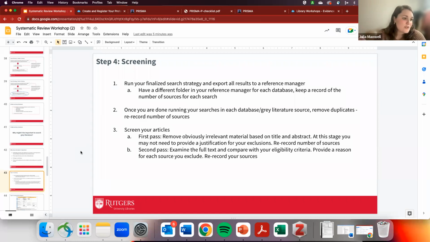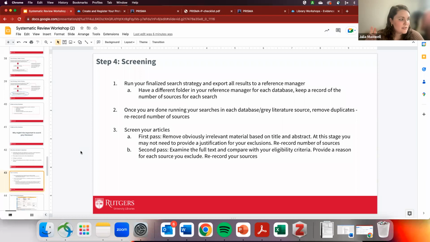And you screen your articles. First you remove any duplicates. Sometimes an article will turn up in one database and another, so you can toss one of the duplicates out. And then you do two passes with screening. The first pass, you remove irrelevant things based on just title and abstract.